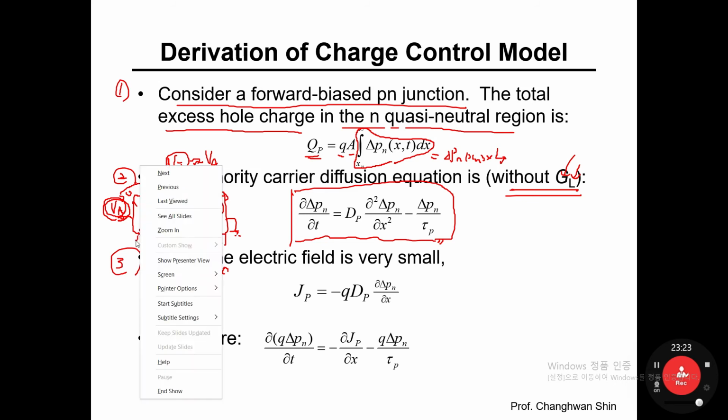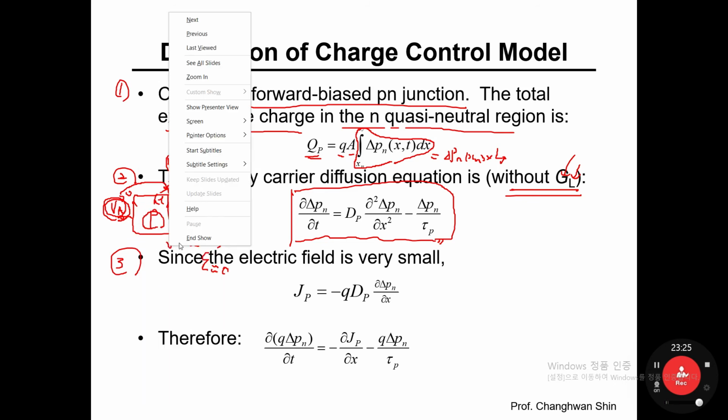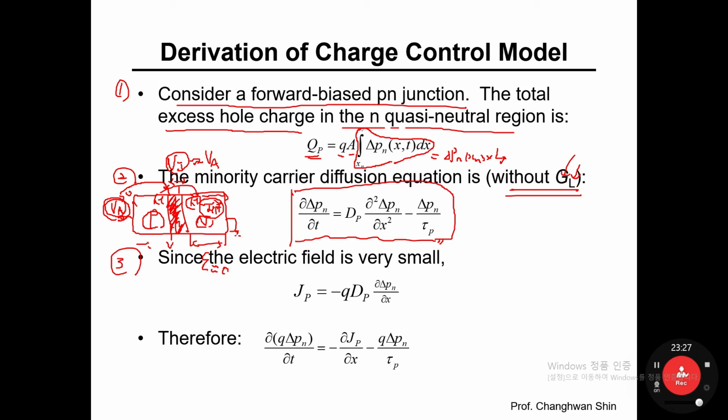So there are three different resistances connected in series, and the depletion layer resistance is higher than the other two for the quasi-neutral regions, so the externally applied voltage is 100% delivered to the junction area.